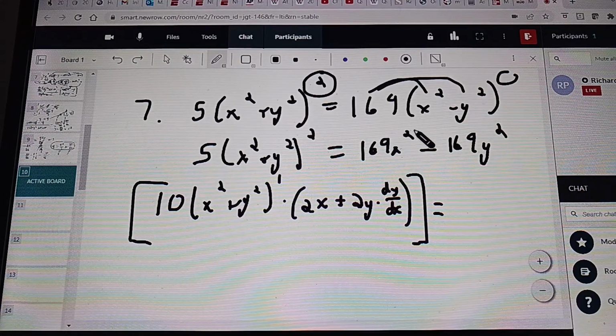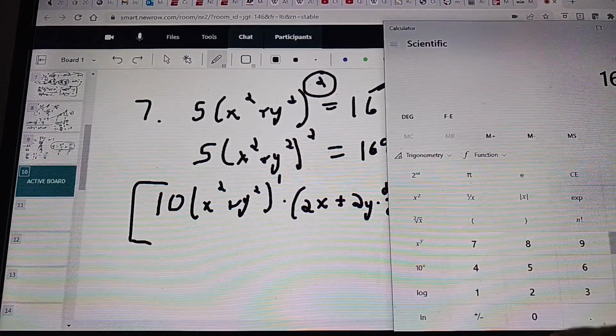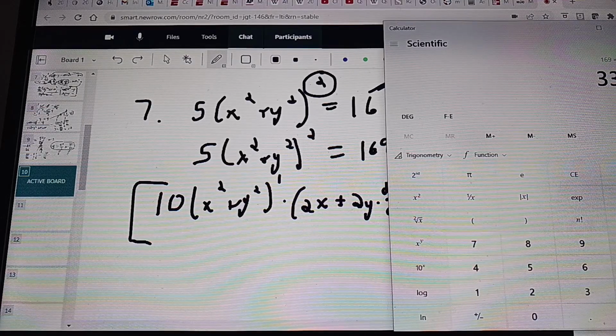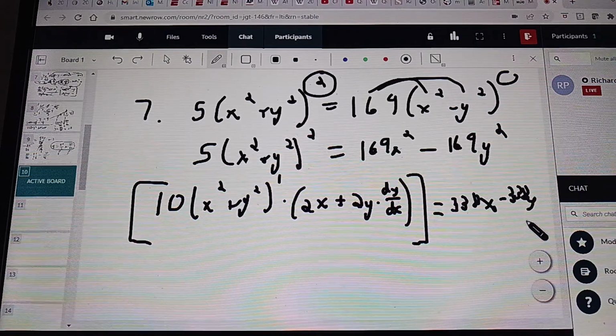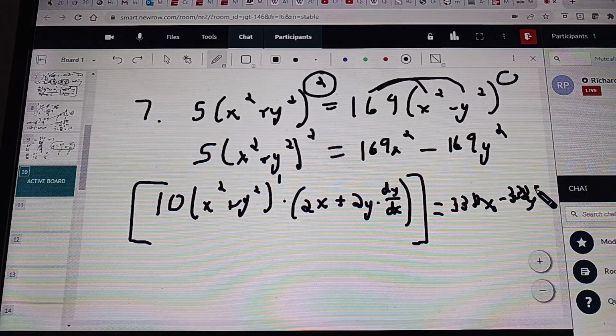And on the right side, I can just do this term by term. 169 times 2 is 338. So 338x to the first, and then minus 338y to the first, but then dy over dx for that part because it's a y.